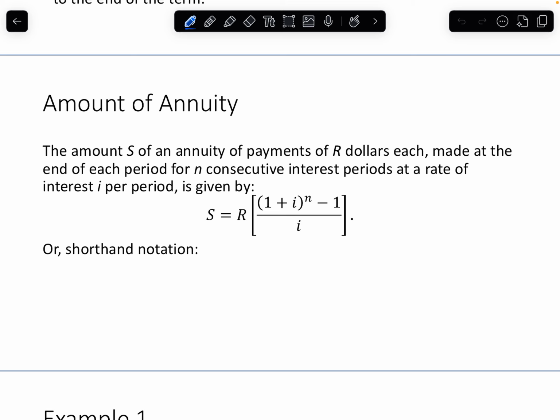And a shorthand notation for this is S is equal to R times a lowercase s sub n angle i. There's another way it could be written.